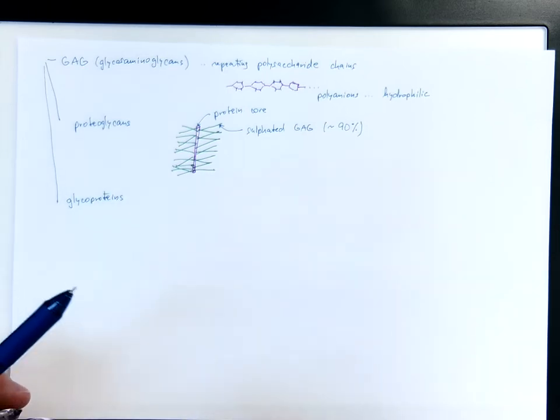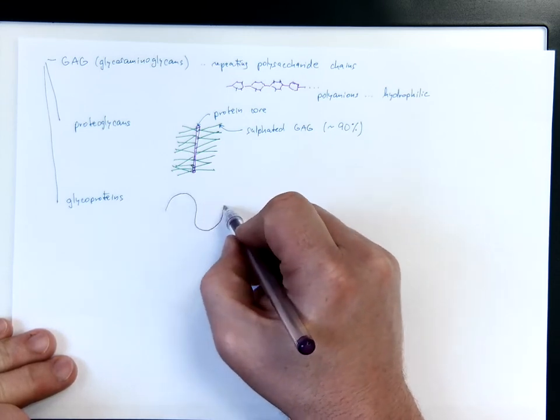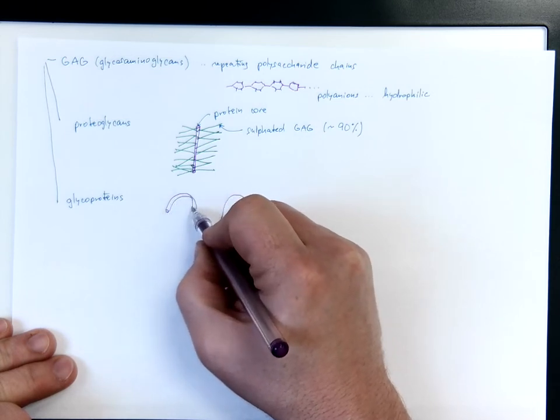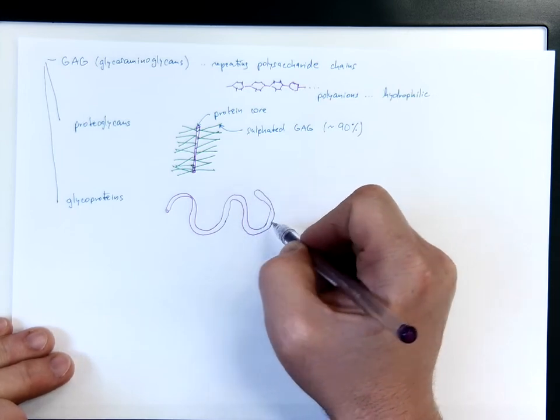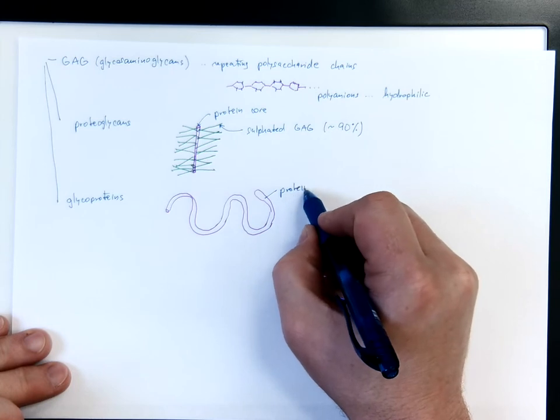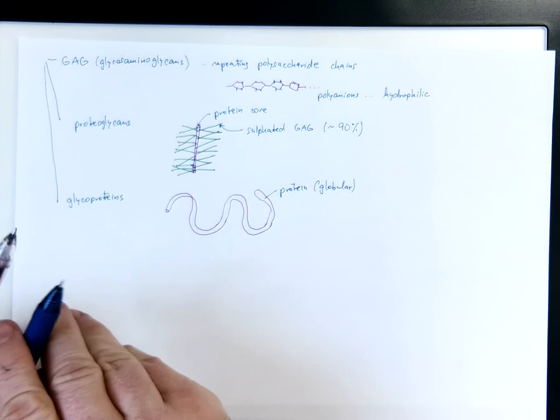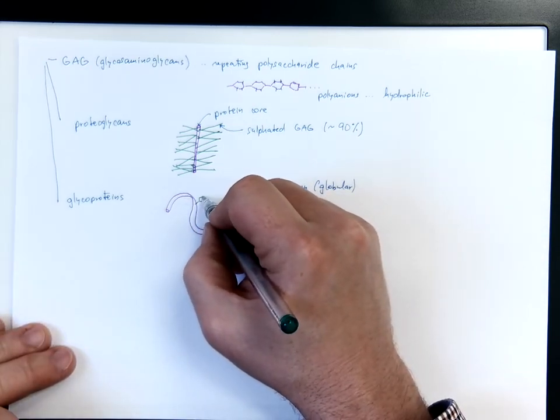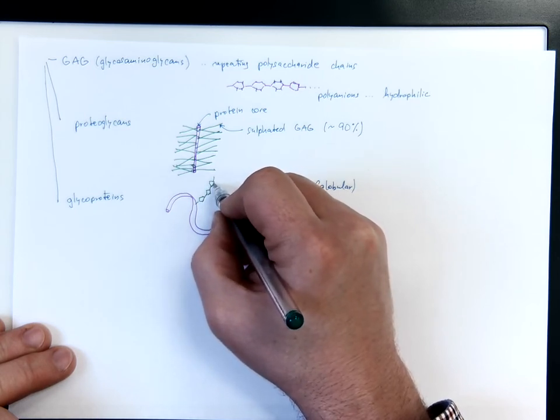The glycoproteins are made of a protein, which is like a backbone of the whole molecule. It's often a globular protein, the surface of which is modified with oligosaccharides that are often branched.